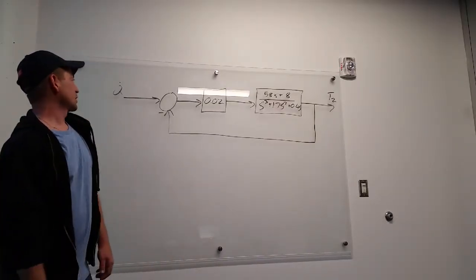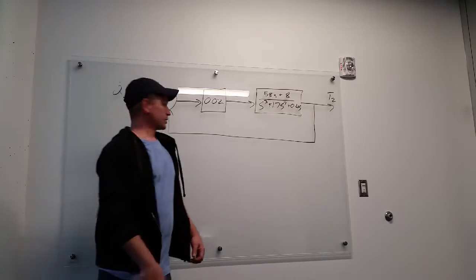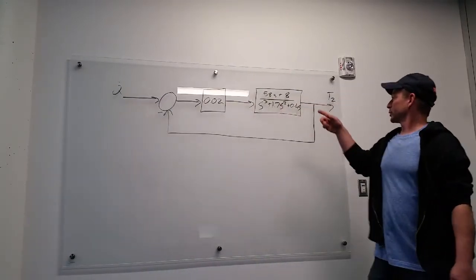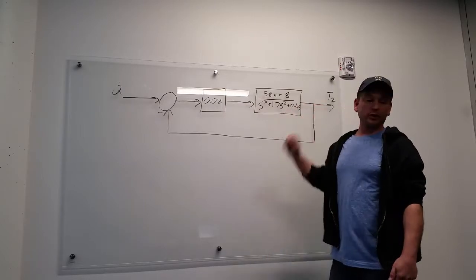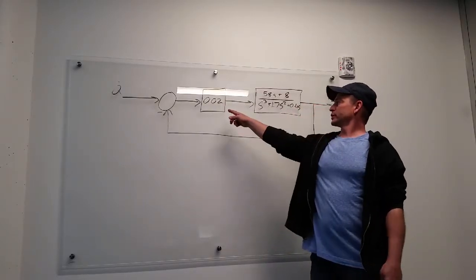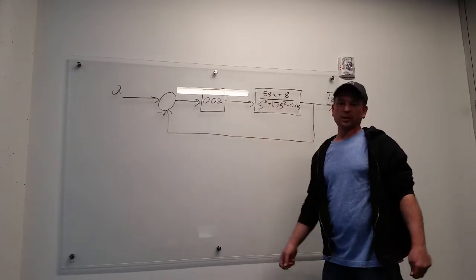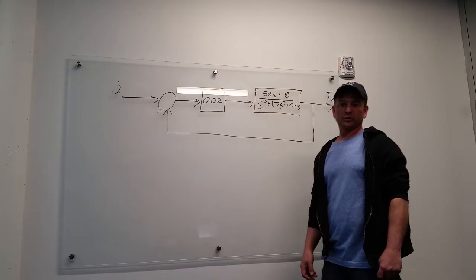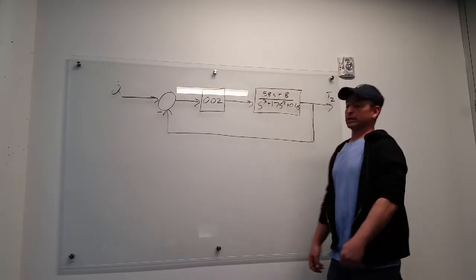Okay, so for our block diagram, after our analysis in MATLAB with the transfer function, we were able to come up with a K value of 0.02, which would give us zero overshoot for our design.